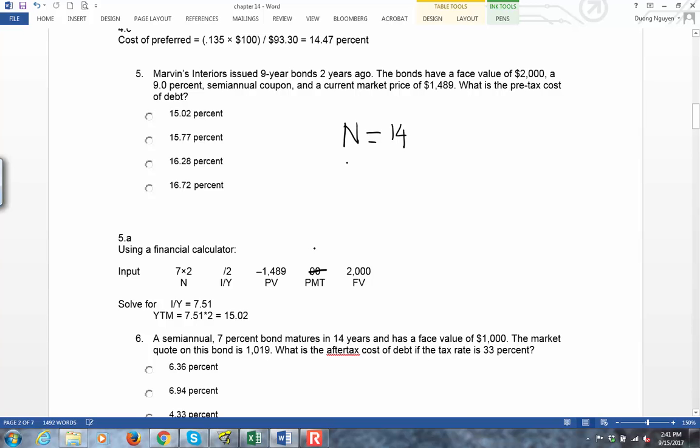This should not be 90, this is 45. So basically you put present value is negative 14.89, future value is $1,000. Oh, I'm sorry. Yeah, I think this is correct. Let me go back.